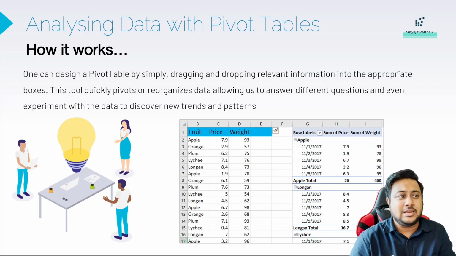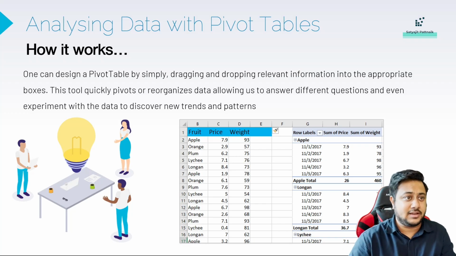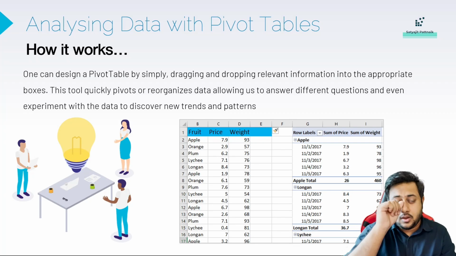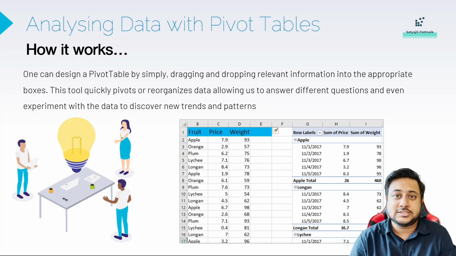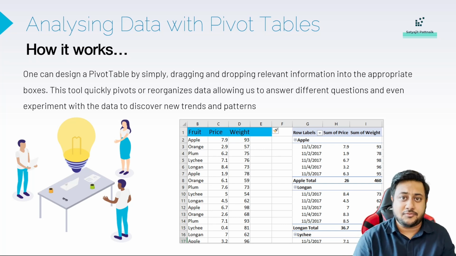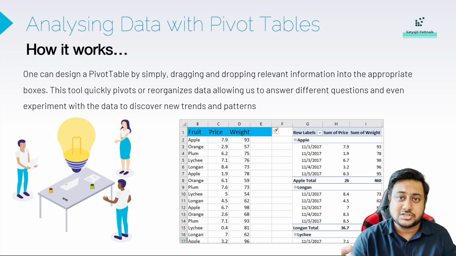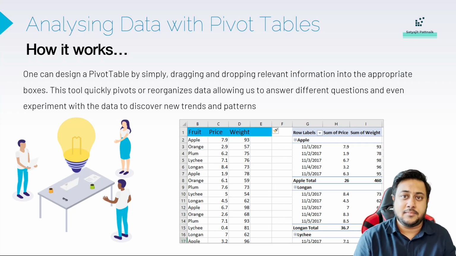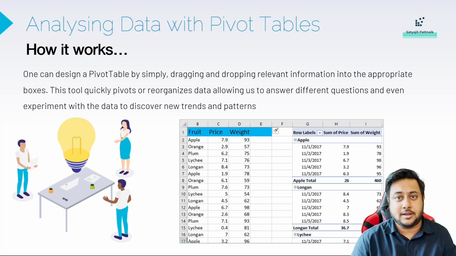This tool quickly pivots or reorganizes data, allowing us to answer different questions and even experiment with the data to discover new trends and patterns. Now, one good thing about pivot tables is, again, it is used for exploration of data, exploratory data analysis, because we might have to understand the graph. We might have to understand the distribution of my categorical data, or how the distribution is across multiple categorical data.